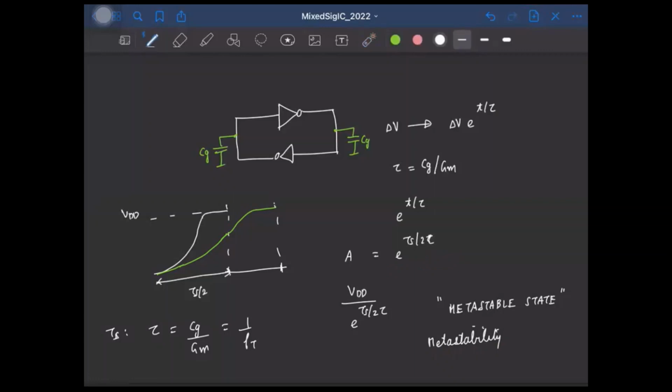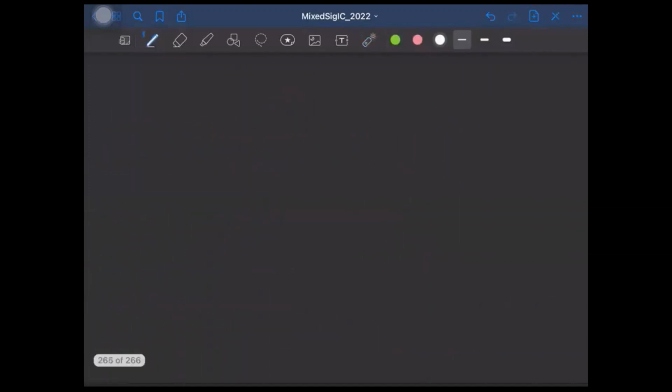Okay, and in the last class we also saw the problem of offset in comparators or in latches, and there were two kinds. So one that arose due to the mismatch in the properties of the transistors itself, which could be the dimensions W by L, mu Cox, or the threshold voltage.